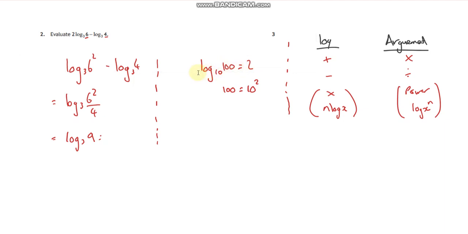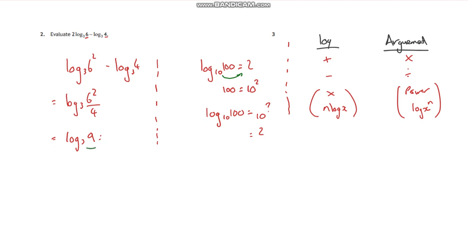I did 2. But the way I visualize it is it's like moving this little 10 down here, so it still stays the base. I've got a log base 10, and over here it's going to be a base 10. So if you didn't know the answer, you'd be saying, well, it's 10 to the power of what? So then your answer is 2. And it's the same over here.